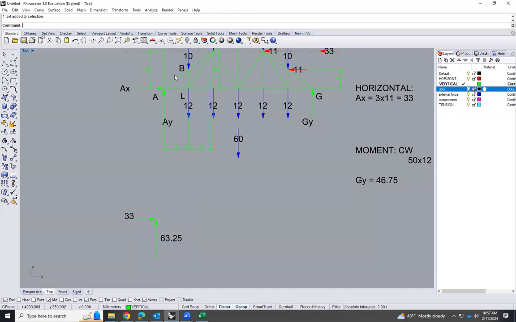And there are two bars here, so this one and that one.